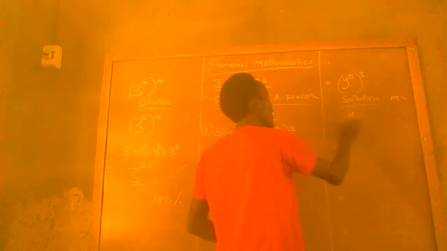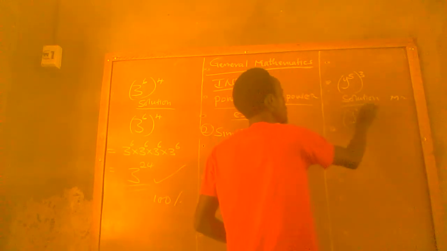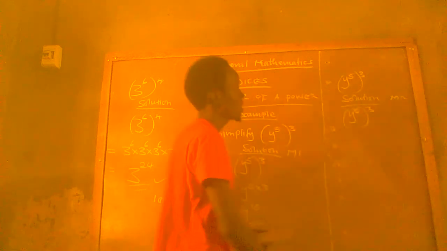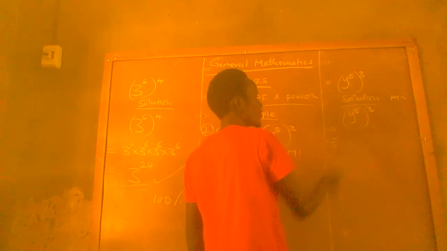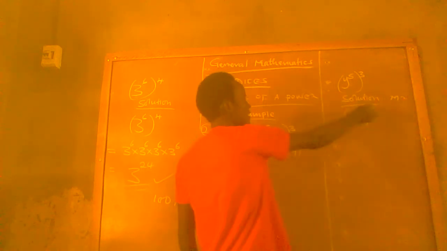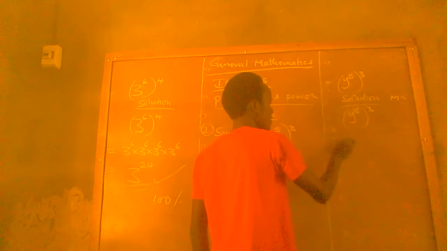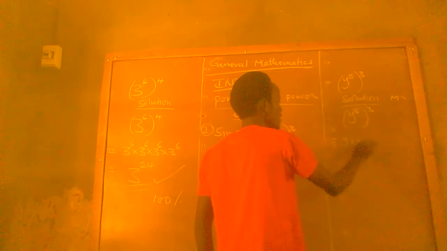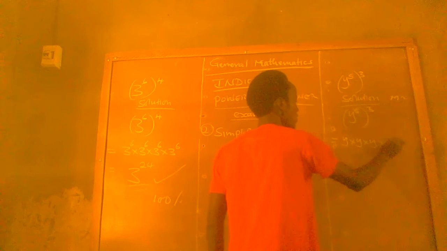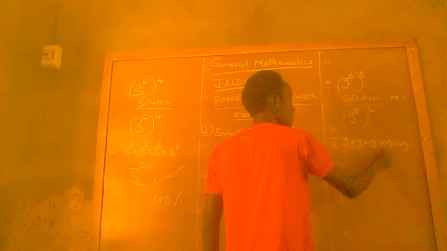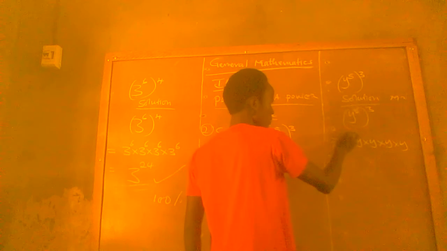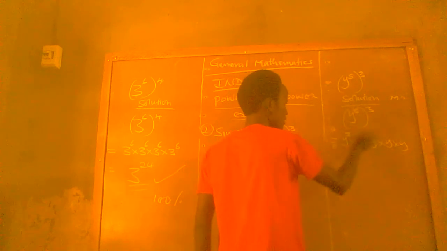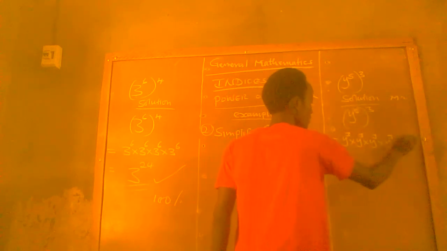Alright, so y raised to the power 5, or raised to the power 3. The same thing, I'm going to multiply y 5 times, then I indicate 3 to each base. That is y times y times y times y times y, 1, 2, 3, 4, 5. So it indicates 3 to each base. That is power 3, 3, 3.